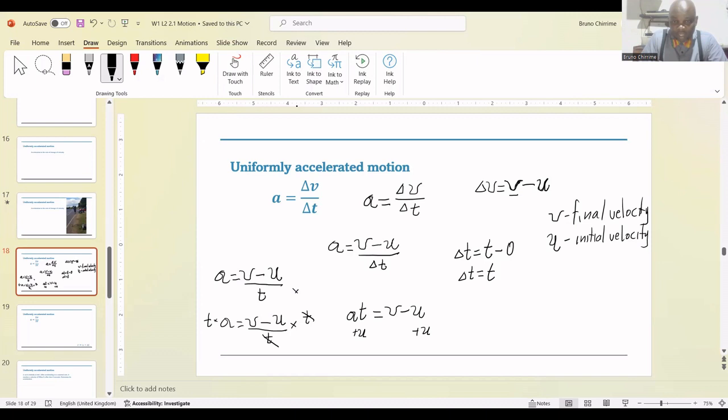So that is the second equation of motion, and it's very important. It is applicable when the acceleration is uniform, when acceleration is happening in a straight line.